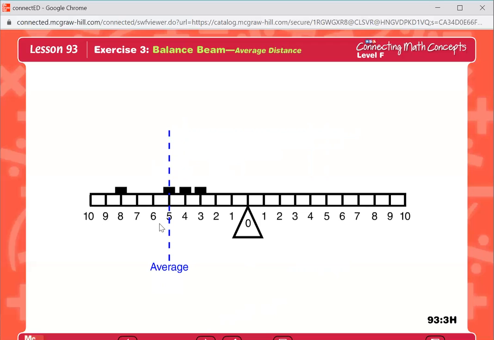So we could balance the beam by putting the same number of weights at one place on the other side. Where are we going to place 4 weights on the right side of the balance beam?